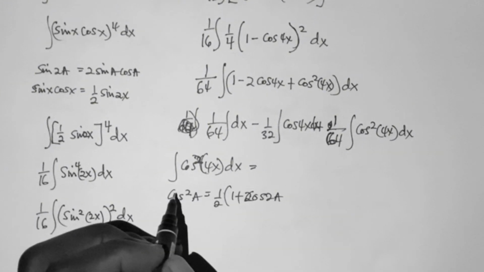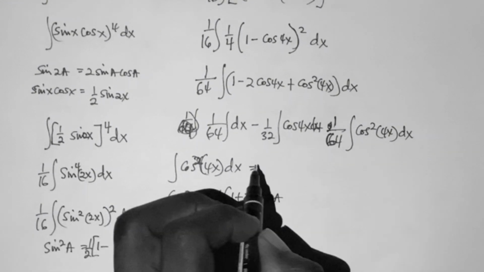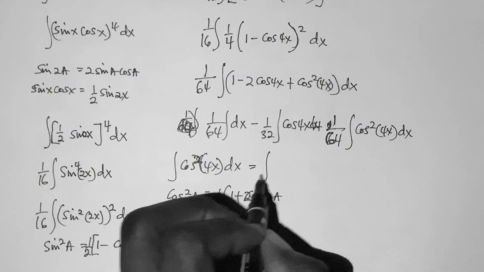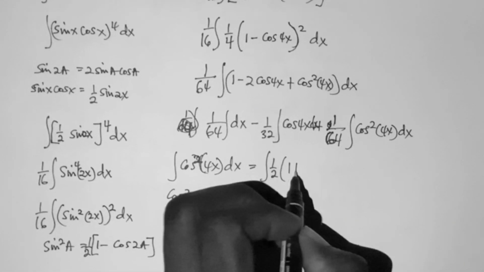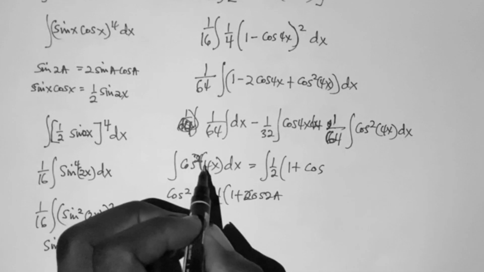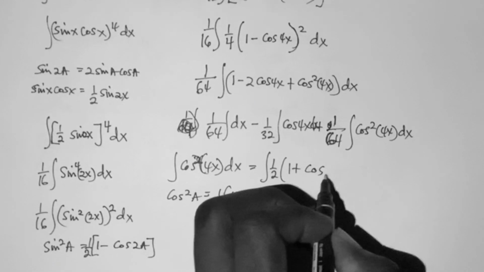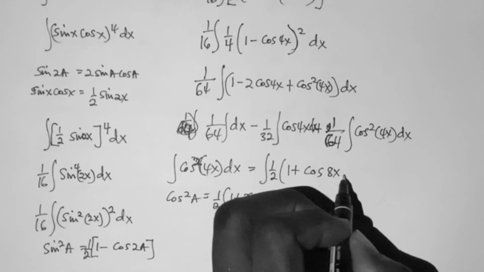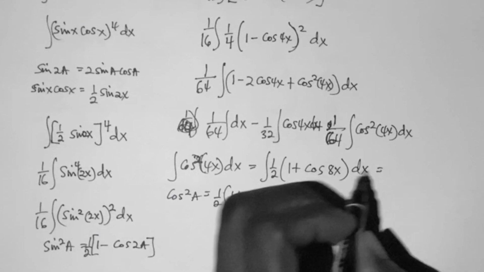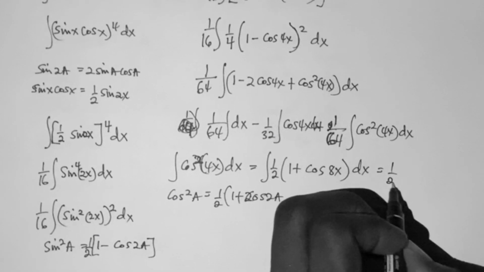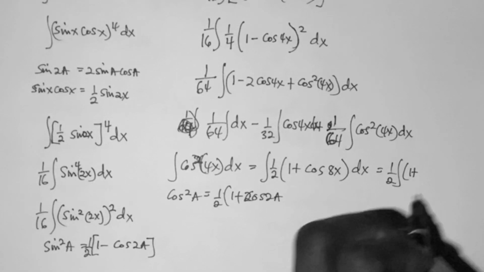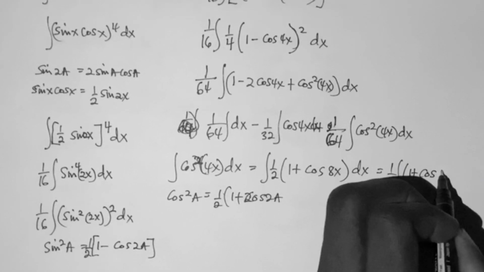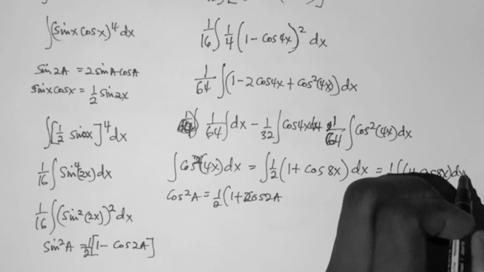So this becomes the integral of half of 1 plus cos 2a. Here a is 4x, so 2 times 4x becomes 8x, and dx, which is equal to half of the integral of 1 plus cos 8x dx.